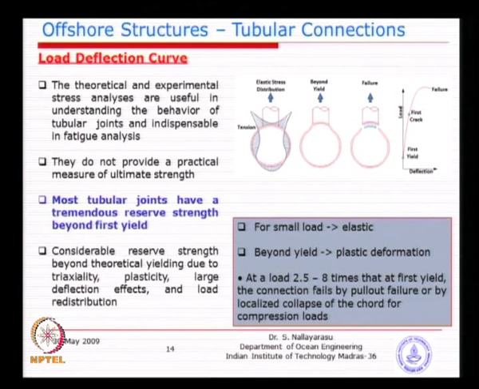Now, you see here, this is what we were trying to discuss earlier also. If you look at this picture, the first yield is the most important. If you look at the load deflection diagram of a typical tubular joint, either T junction or Y junction, the first time when you keep on increasing the load, you see a hot spot. That hot spot is one location, maybe 2 locations, the joint is not going to fail, and you further increase the load until such time a crack develops at one point.